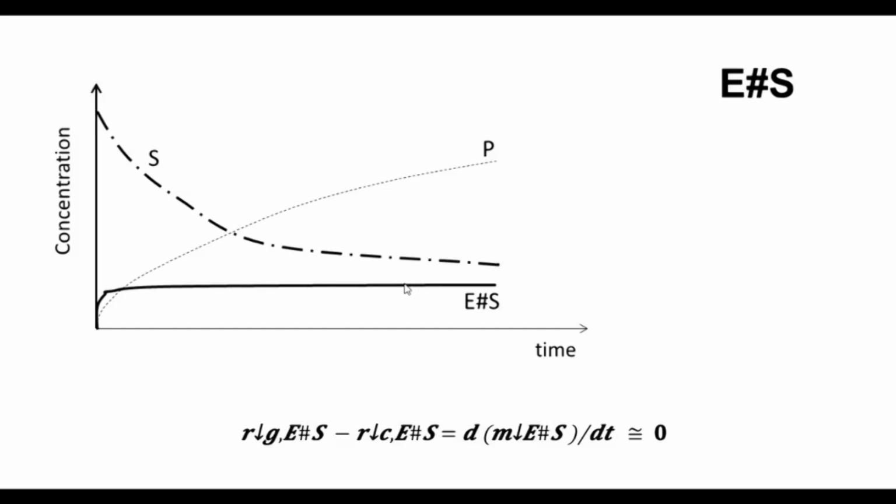That is not happening here, and therefore this can be put equal to 0. This is the same equation as earlier. Generation rate of enzyme substrate complex minus the consumption rate of enzyme substrate complex, from the material balance, equals the accumulation rate of the mass of enzyme substrate complex in the system, and since there is no change in concentration, that goes to 0.